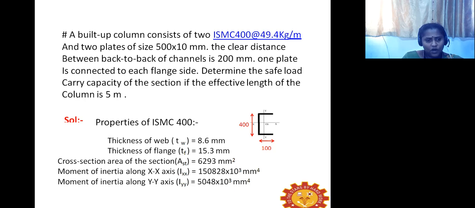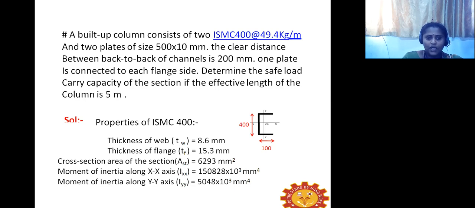So a built-up column consists of two ISMC 400, two numbers of ISMC 400. ISMC is nothing but Indian Standard Medium Channel 400, at the rate of 49.4 kg per meter, which is the weight of that section per 1 meter. All those properties are there in the steel tables or structural engineer's handbook.